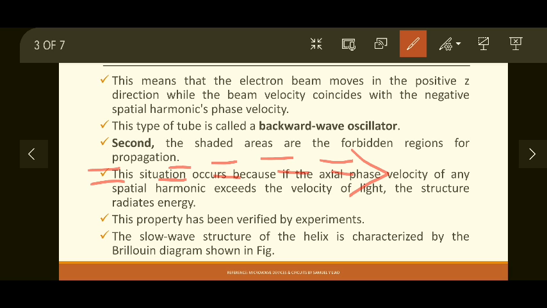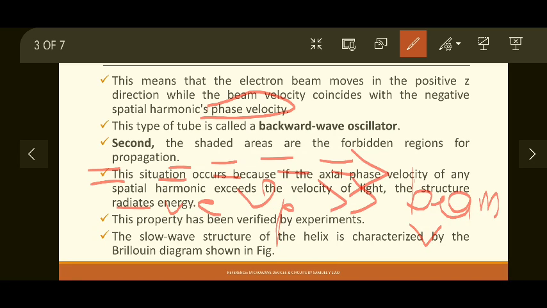So if this negative phase velocity is too large compared to the beam velocity, then what will happen? This will overpower the beam velocity and the electron beam will not reach the collector, and the microwave signal also in turn will come back.